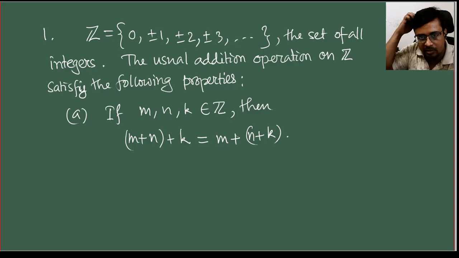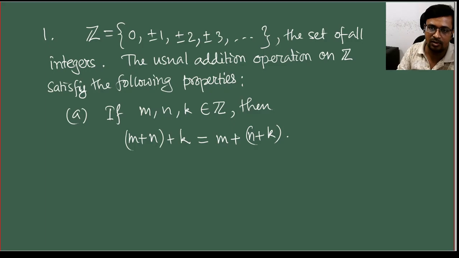Associativity allows you to perform the operation multiple times, and whatever way you perform it, the end result will be the same. Like you first add n with m and then add k with it, that is the same as you add n plus k with m.